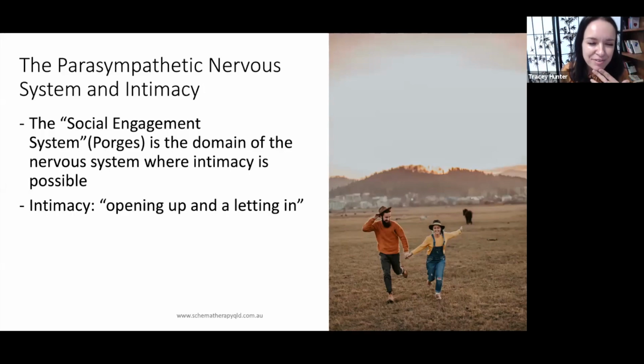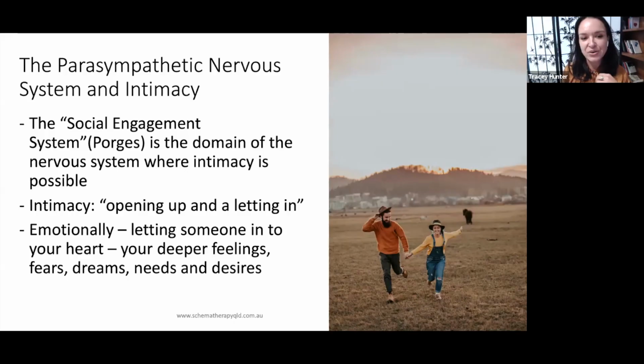My definition of intimacy, when someone's asked me to define intimacy, this is what I came up with. I said that with intimacy, there's an opening up and a letting in. So emotionally, there's a letting someone into your heart.